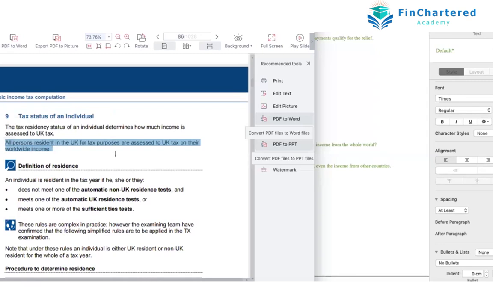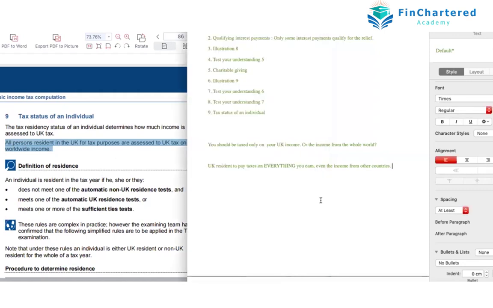All persons resident in the UK for tax purposes are assessed to UK tax on their worldwide income. Right? So UK resident to pay taxes on everything.